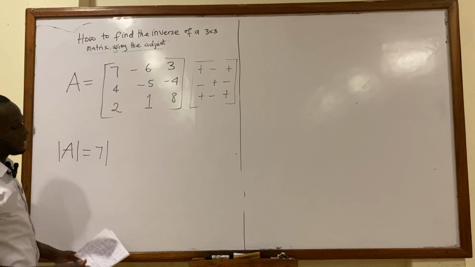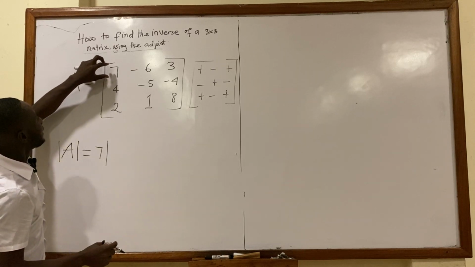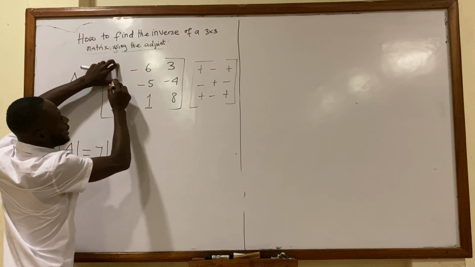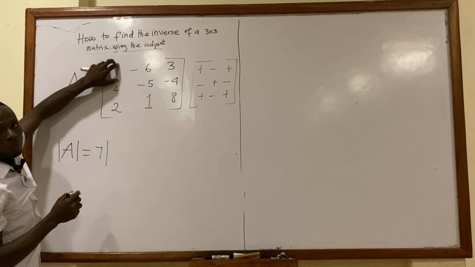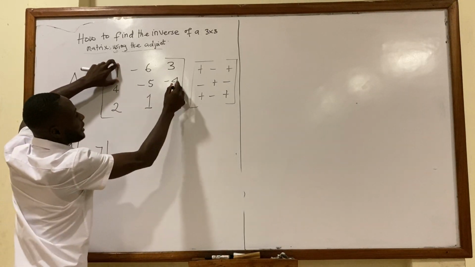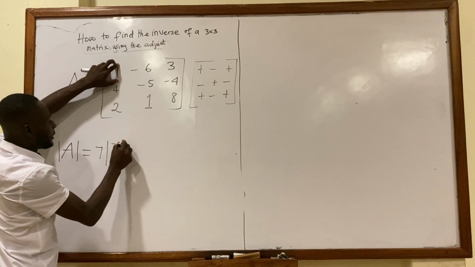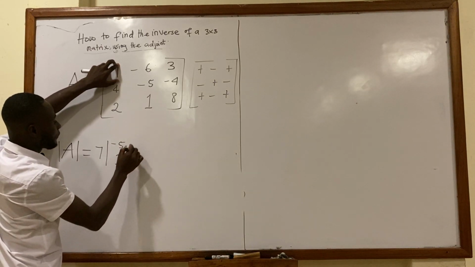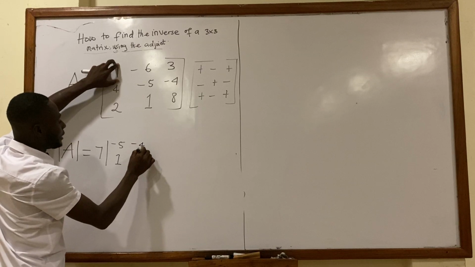When you pick that particular element, you cover that element, cover whatever is under it, and cover the element on that row. So we have these elements left. So this will be minus 5, 1, minus 4, and 8.